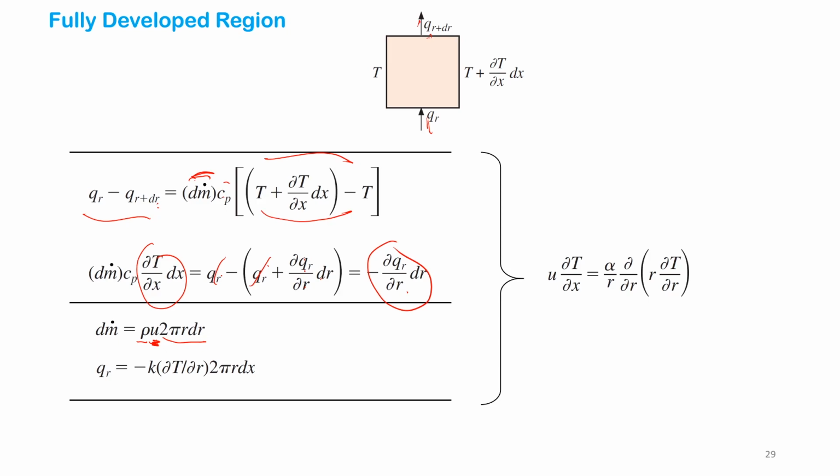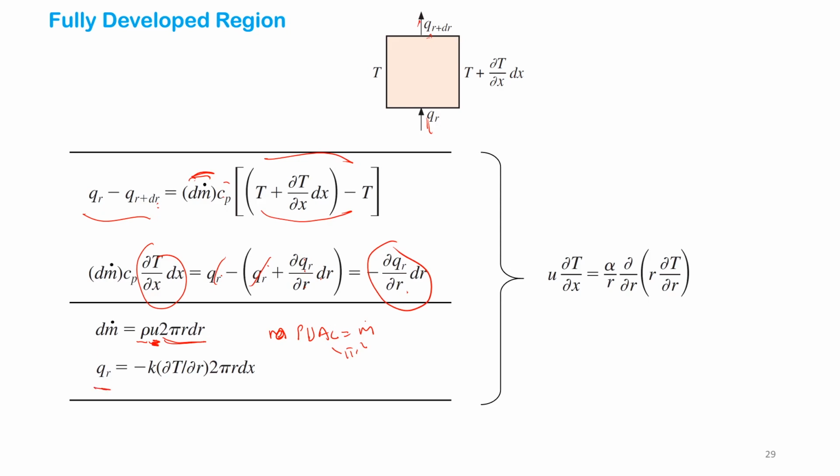So in other words, if you know the velocity, rho times u times cross-sectional area is going to give you the mass flow rate, right? The cross-sectional area is pi r squared. If you take the derivative, you get 2 pi r dr rho u, the differential mass flow rate.